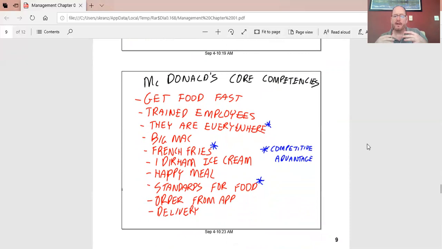There are other companies that train their employees well. There are companies that are everywhere. There are little sandwich shops that are everywhere. So not, well, I guess for the UAE now, that is a competitive advantage. But the point is, core competency is what you do well, and competitive advantage is what you do better than your competitors.